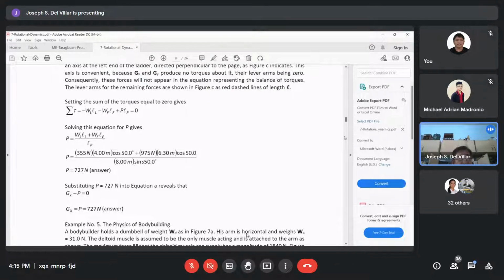So ang problema lang yung tatlong lever arm. Pero na-compute na baga natin yung lever arm, di ba? Using the 3 right triangles and the trigonometric function. Okay? So pag nakuha nyo yan yung P, yun na rin yung Gx. Kasi nga, Gx minus P is equal to 0 or Gx is equal to P. Okay?